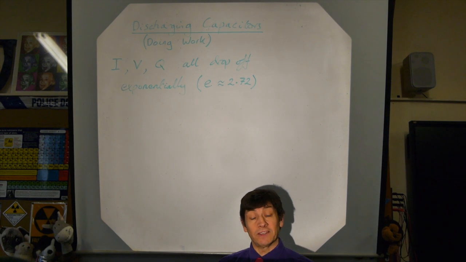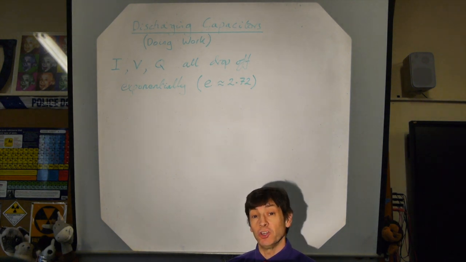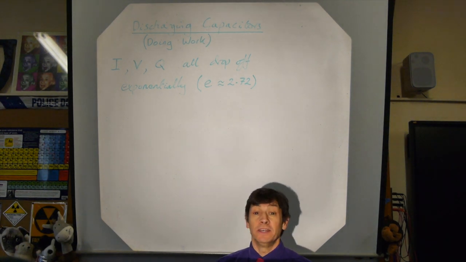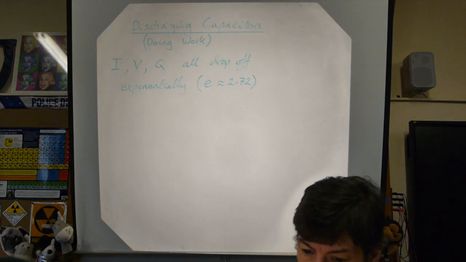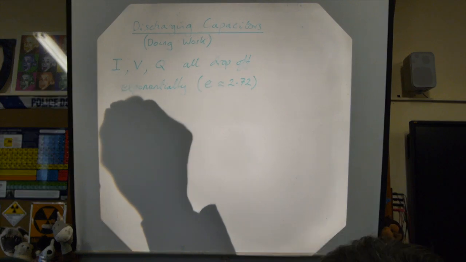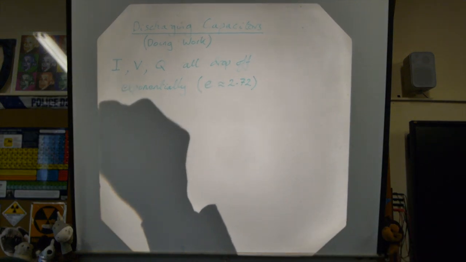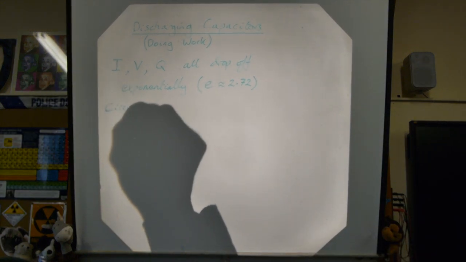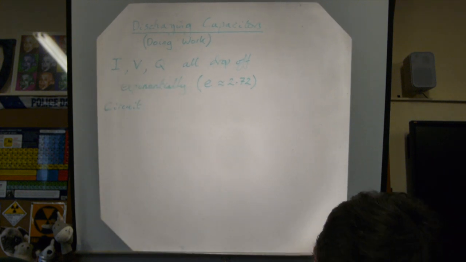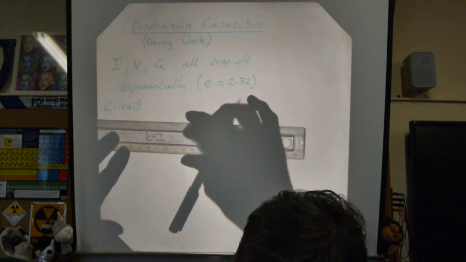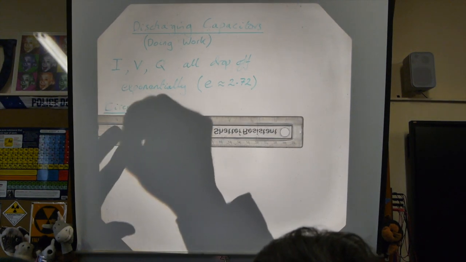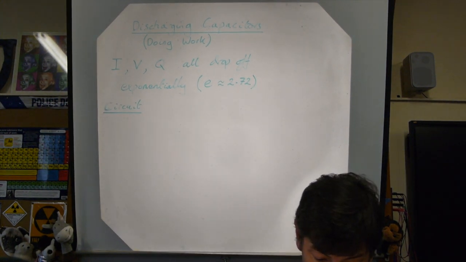So now let's look at a circuit that we're going to use to show how a capacitor discharges, and I think you'll recognise it. With these things, it's always important that I draw them in front of you. So here's our circuit, and it's going to be a circuit that will double up as a circuit that can charge a capacitor, and it can also discharge it.